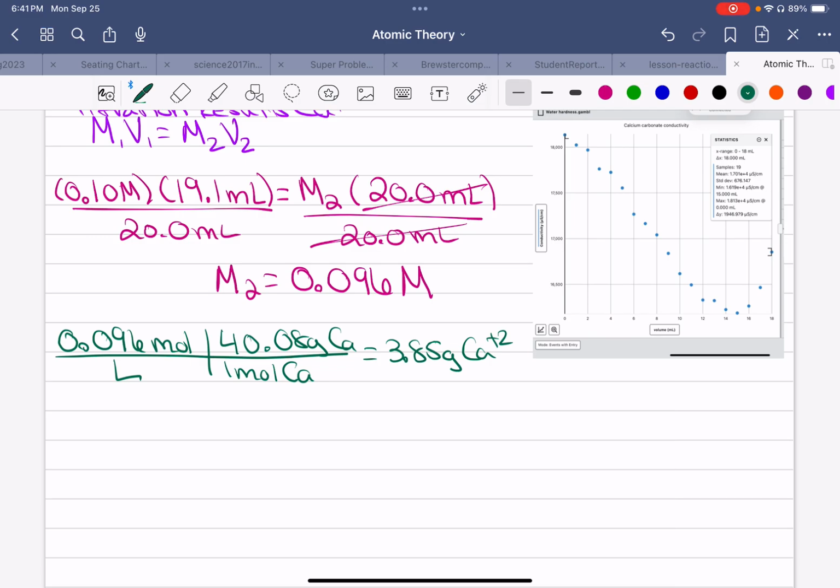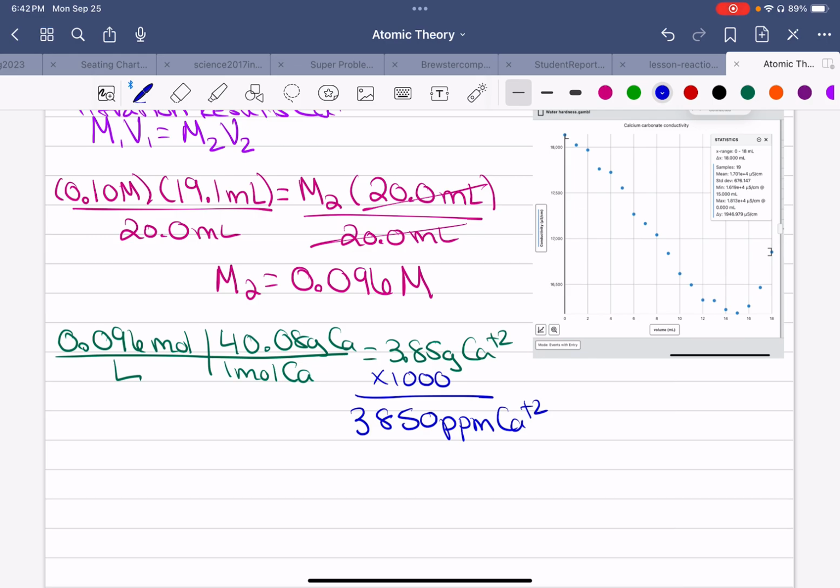And at this point, we are simply going to take that and multiply that by 1,000 to get it into our units. And so we have 3,850 ppm of the calcium plus 2. And that's your titration calculations.